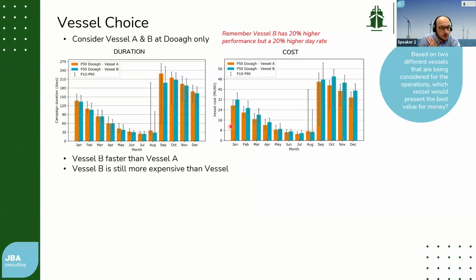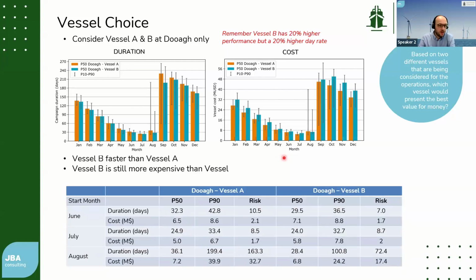But if we look at this graph on the right-hand side, we can see generally that the overall campaign cost for that single cable installation is actually still more expensive for vessel B. So we're not really seeing a huge justification for that 20% extra cost for those higher weather limits.